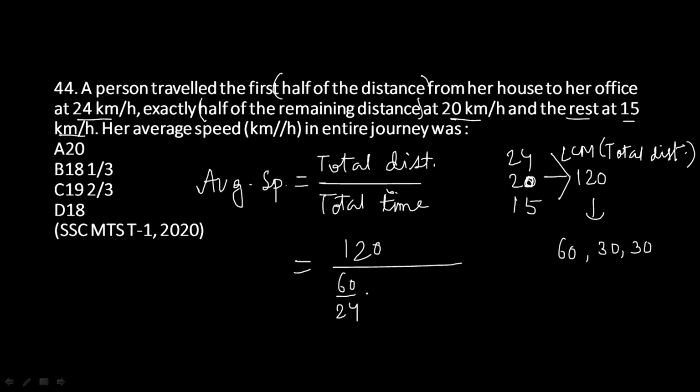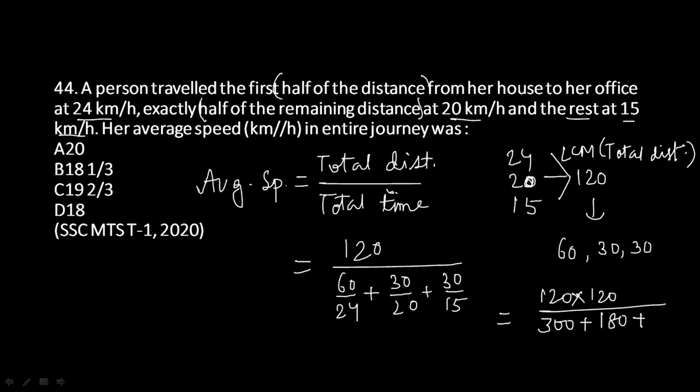So 60 upon 24 plus 30 upon 20 plus 30 upon 15, right? We can minimize it, but it is not required here because 120 will be the LCM and 120 will go to the numerator. 24 5s are 300, and 6 so 180, and 15 8s are 240, right?